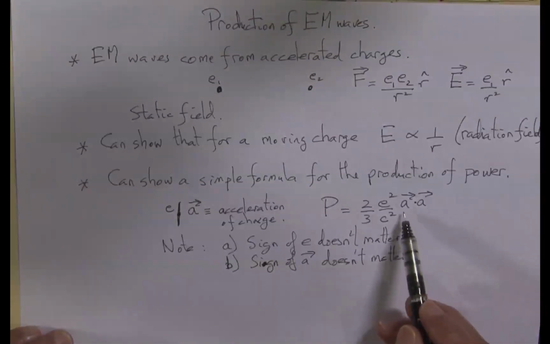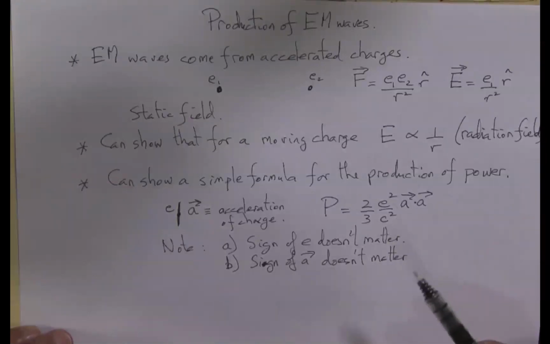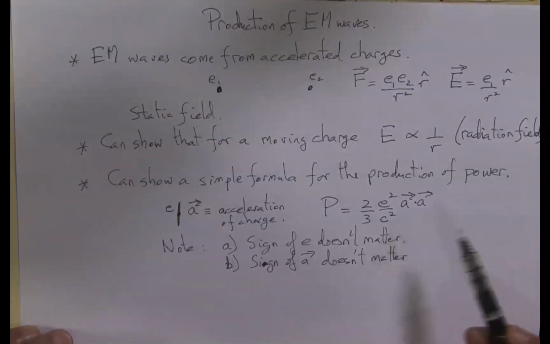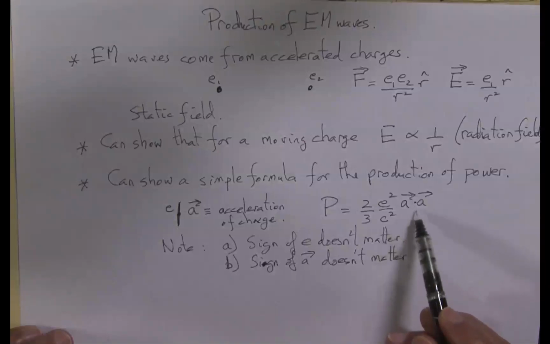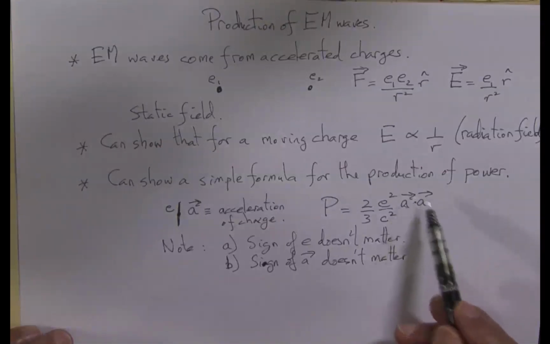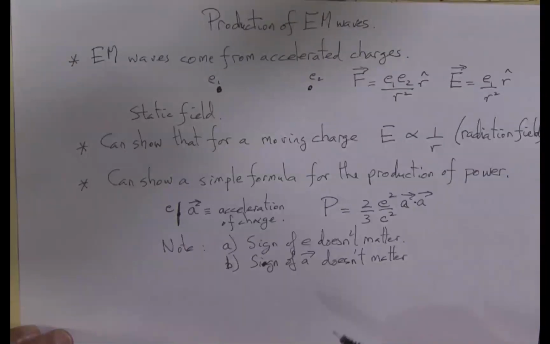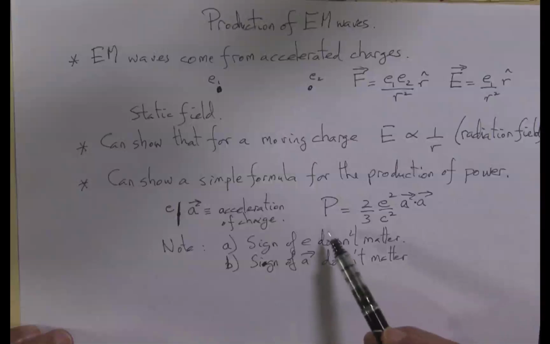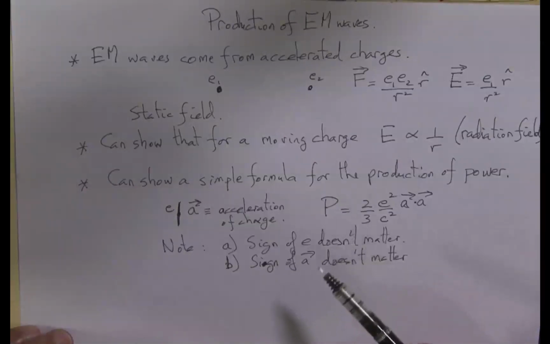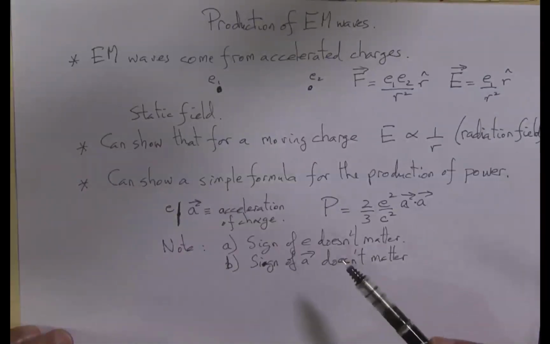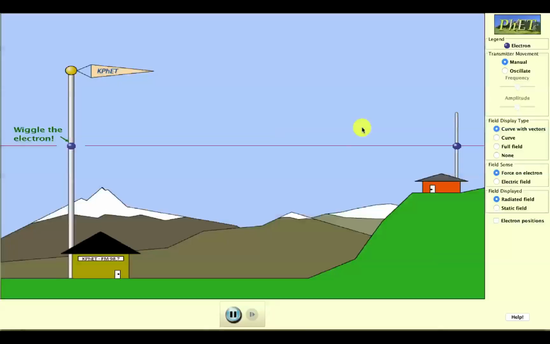In other words, if it is accelerating, well then a is a positive quantity, and if it's decelerating, it's a negative quantity, but here again the square is coming in. So all that is required is that the charge speed up or slow down. In both cases, it's going to radiate power, and that power you can measure in terms of ergs per second or joules per second. Let's understand this better with an animation.